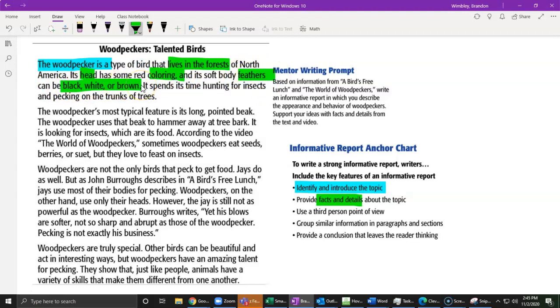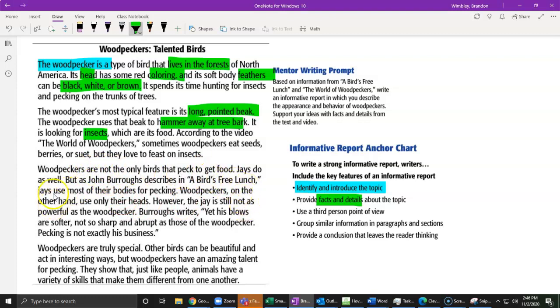Notice it doesn't just stop in that first paragraph, but we continue. We talk about its long beak. We talk about how it uses that beak to hammer away at tree bark, how it looks for insects. So basically my whole essay, this whole paragraph, is focusing on information about woodpeckers.